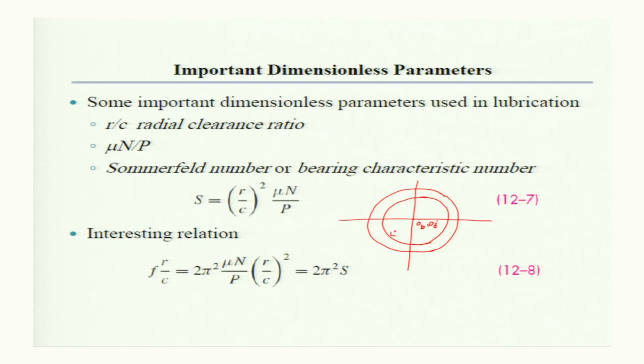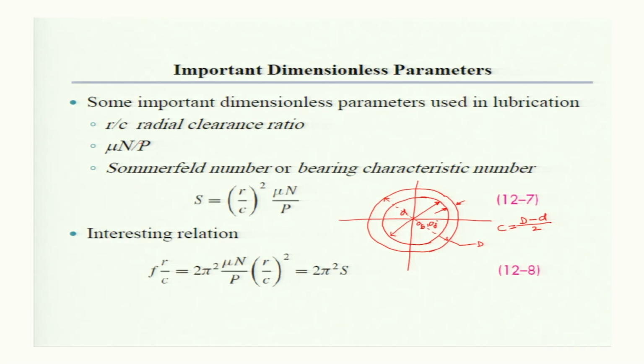The diameter of the shaft is small d and the inner diameter of the bearing is capital D. So, capital D minus small d divided by 2 is this clearance, and that is along the radial direction, so it is called the radial clearance C. Then R divided by C is called the radial clearance ratio, and it is a non-dimensional parameter.